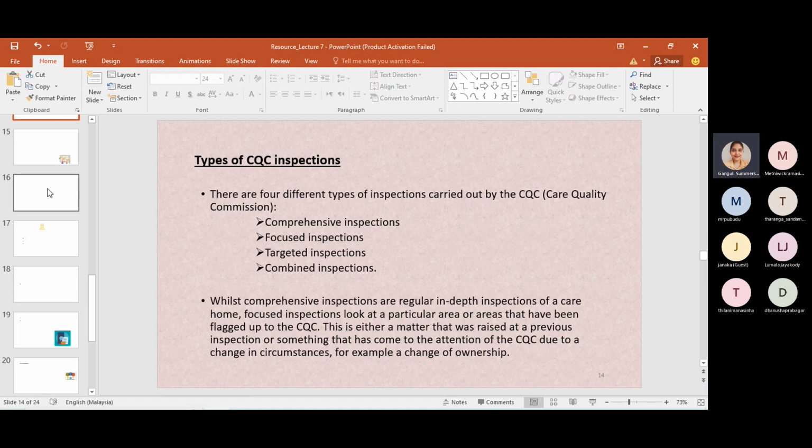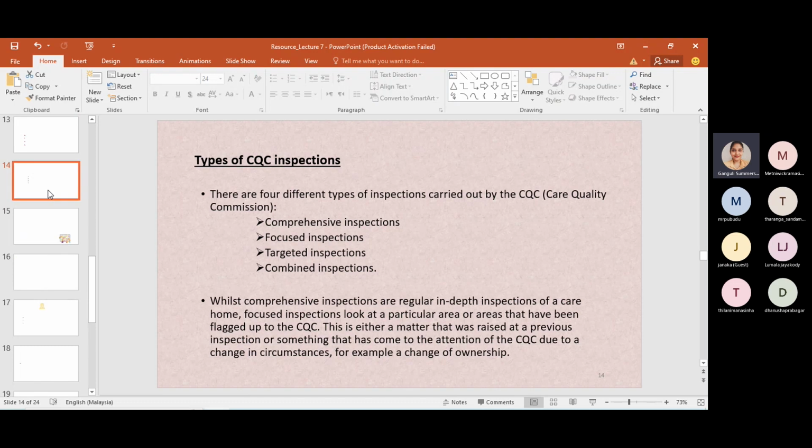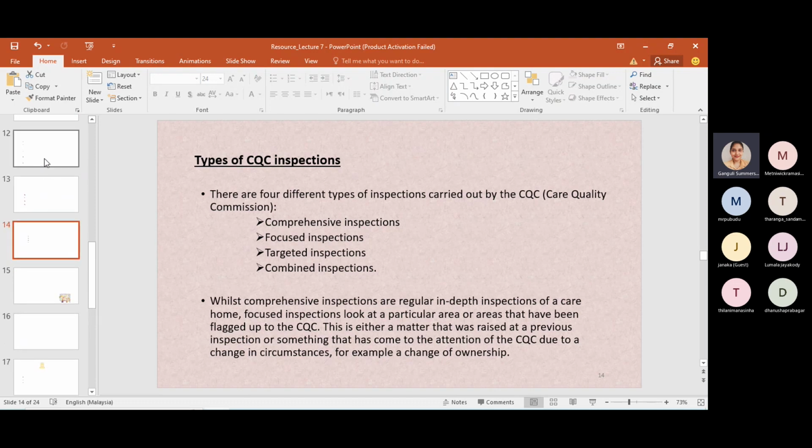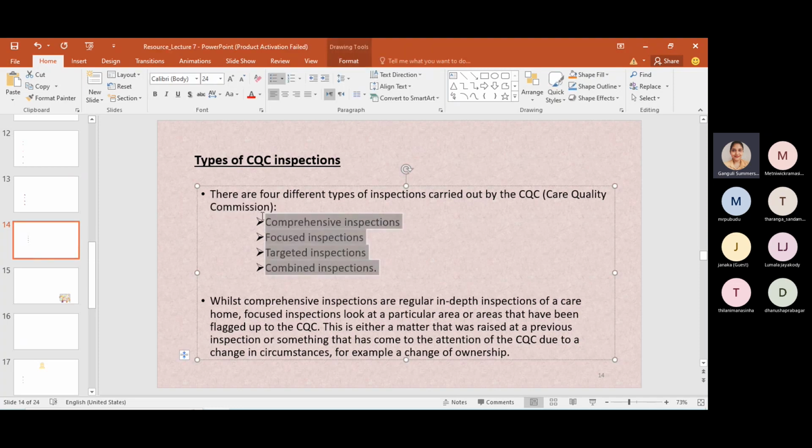CQC is a UK health and social care regulator, as we discussed earlier. There are 4 different types of inspections carried out by the CQC. Here you can see their names: comprehensive inspections, focused inspections, targeted inspections, and combined inspections. So these are the 4 types of inspections carried out by the CQC.